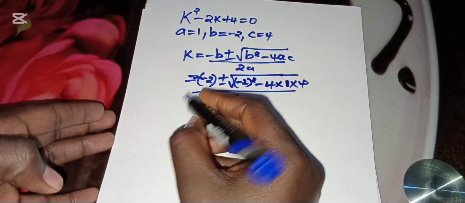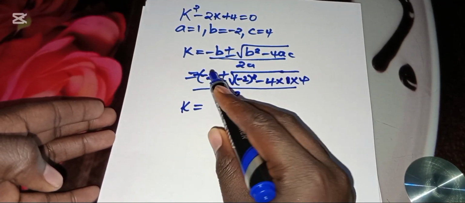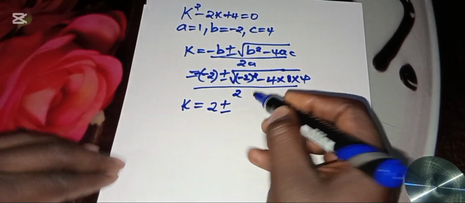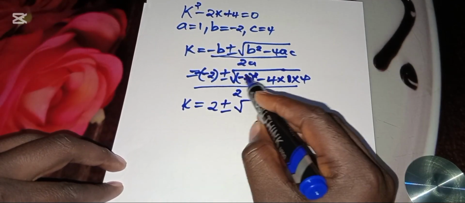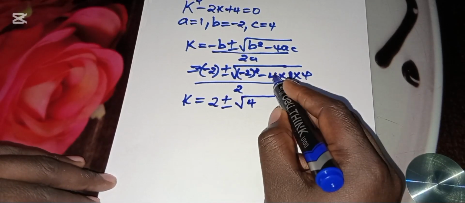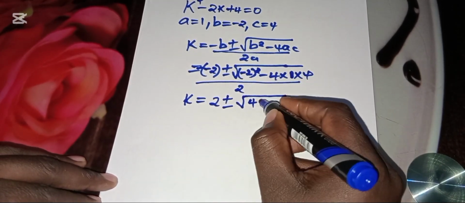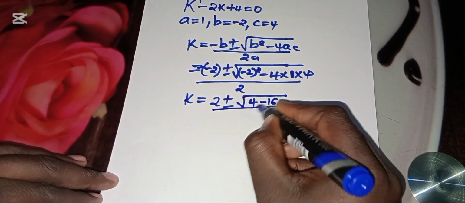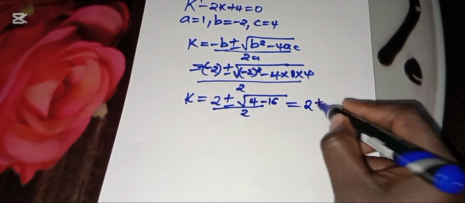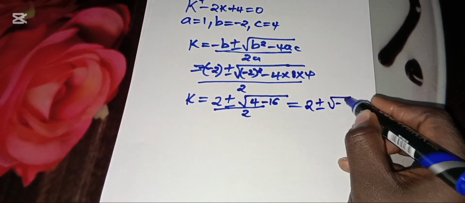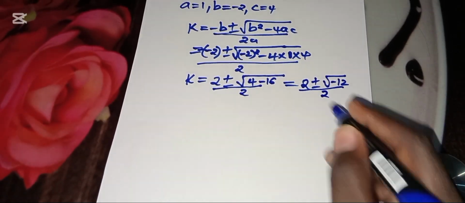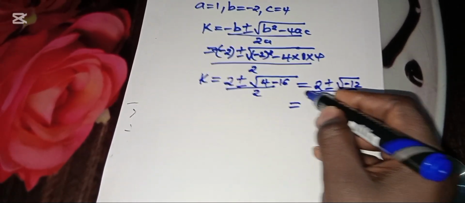So that now k is equal to negative times negative is positive, so we'll have positive 2, plus or minus the square root of, -2 squared is 4, minus 4 times 4, that is -16, divide everything by 2, so that you're going to have 2 plus or minus the square root of -12, divide everything by 2.